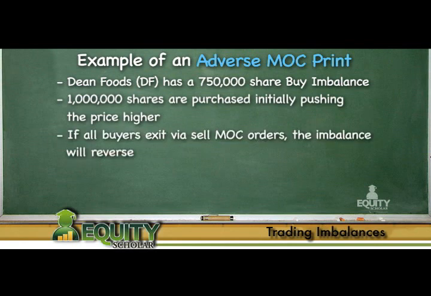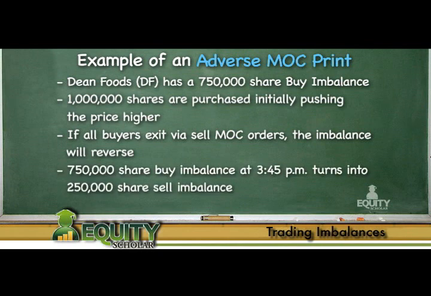However, if and when all of those buyers exit, if most or all of them exit by using a sell market on close order, then the outcome will most likely be disastrous. This is because the imbalance is no longer 750,000 shares to buy, but instead 250,000 shares to sell. Therefore, the final print will most likely be lower due to the specialist having to lower the price to fill the large sell imbalance.